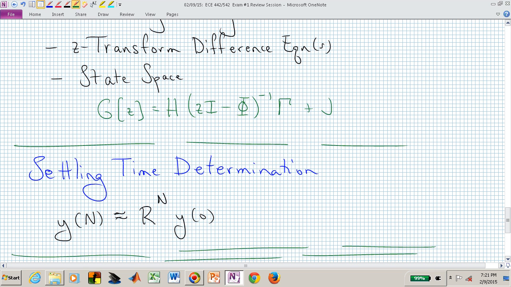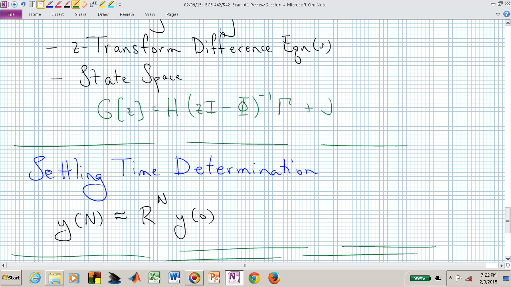I'm now just really thinking about initial condition response. I'm not worrying about exciting that. I could excite it with a constant input, and it would then have the same length of time to reach a steady state. But let's just deal with initial condition responses.